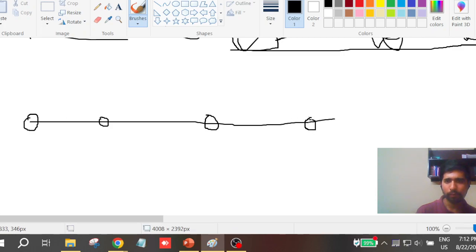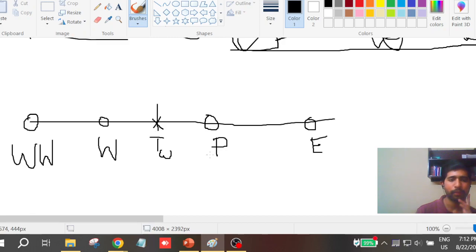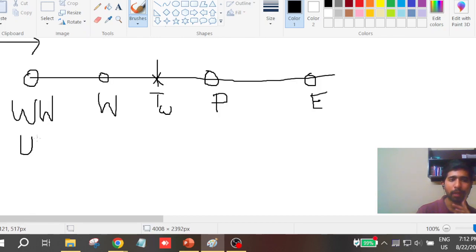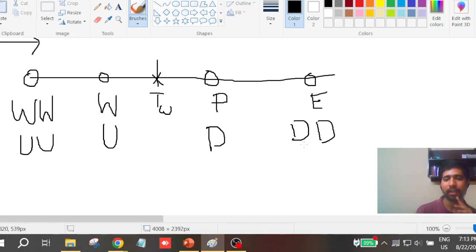And then you have something like E. Now if you want to calculate the temperature at the west face, and assuming that the flow is in the positive x direction, then WW will become upstream of upstream, W will become upstream, P will become downstream and E will become downstream of downstream. These are the notations we have to understand.